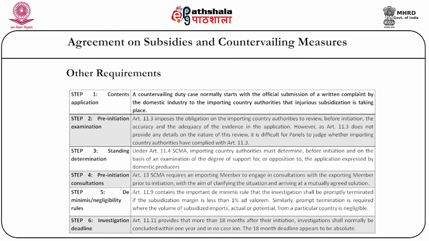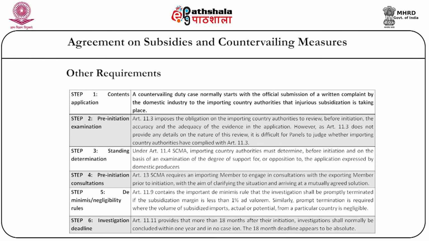Article 11.3 of the SCM Agreement imposes an obligation on the importing country authorities to review before initiation the accuracy and the adequacy of information and the evidence given by the domestic industry in their application.